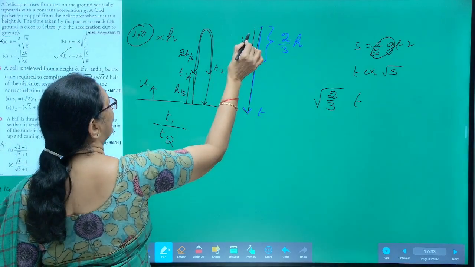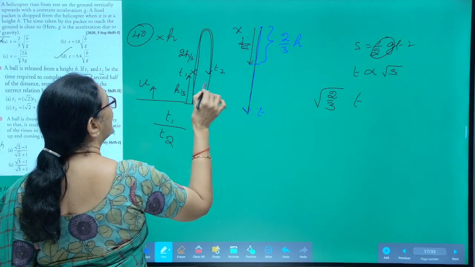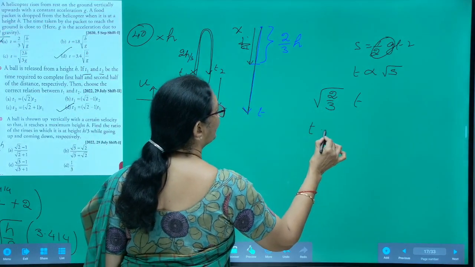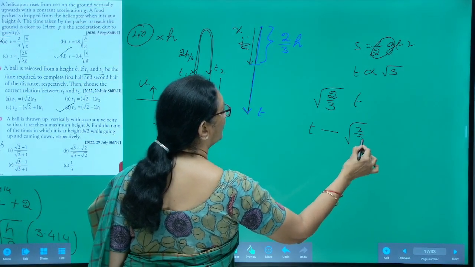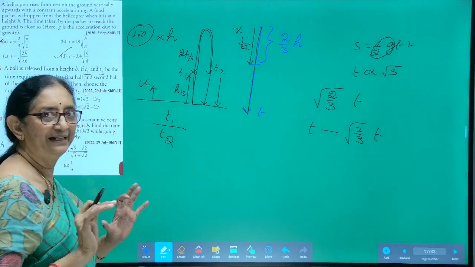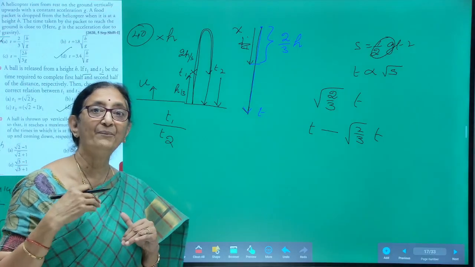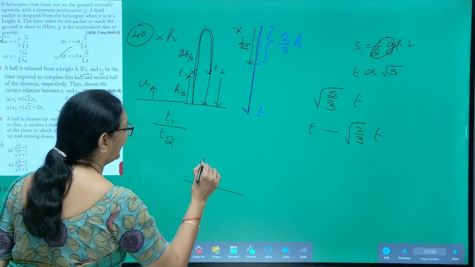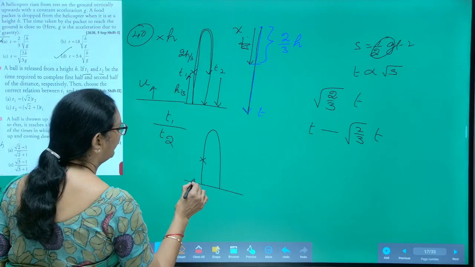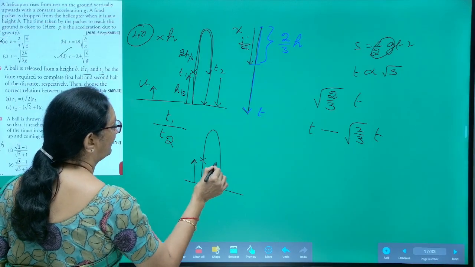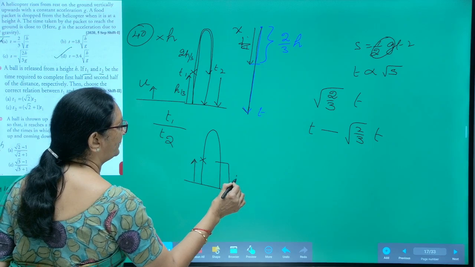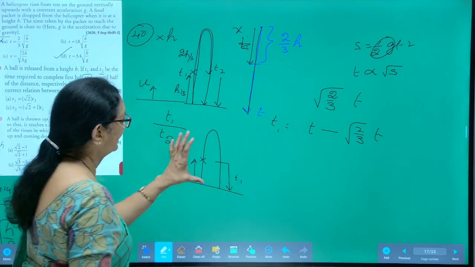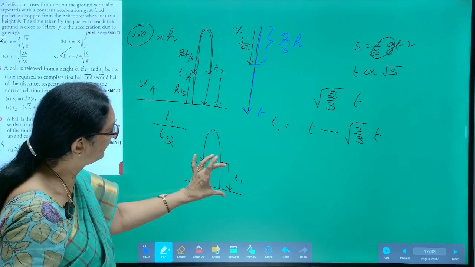So let us take that as some x. So this time will be equal to the total time minus root 2 by 3 times t. Now we know time of ascent is equal to time of descent. If you project a body vertically up, if this time taken is t1, this time taken will also be equal to t1.